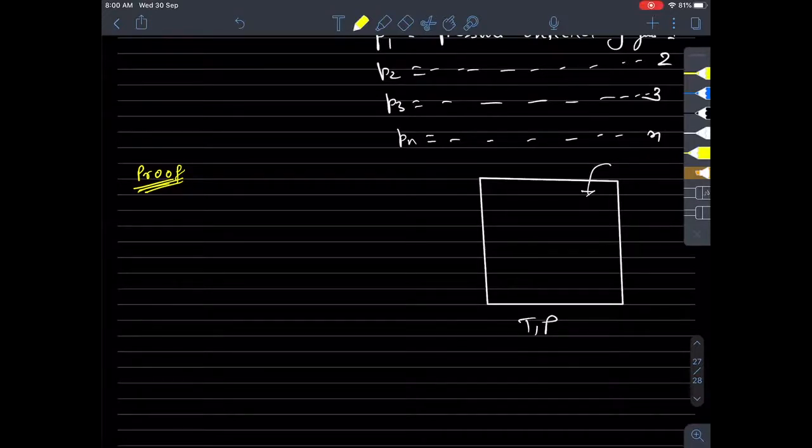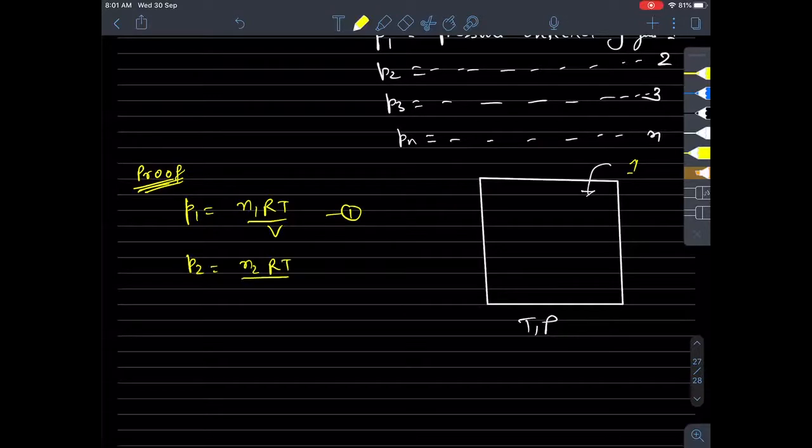So simply, suppose one component is taken, what can you say? Sir, P due to the first gas will be what? n1RT by V. Yes or no, guys? Yes.